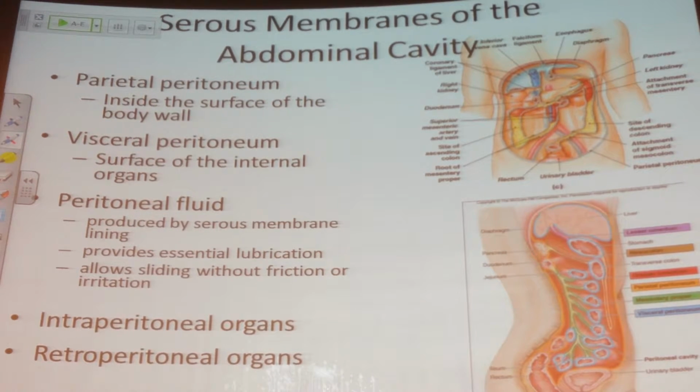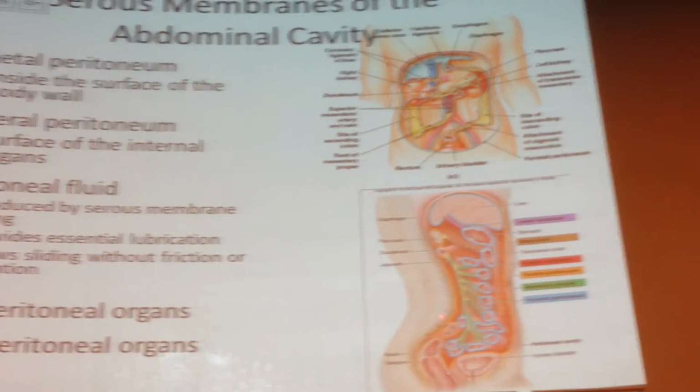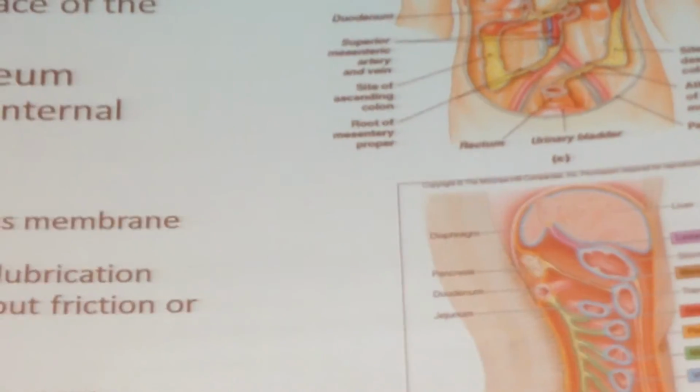Okay, so I'm trying to work on the smartboard, but it doesn't look to be working in this room. So I would like you to just look very carefully at this PowerPoint. And you can see some orange lining here.